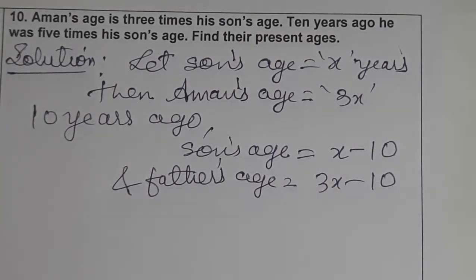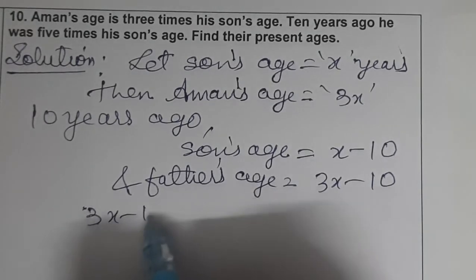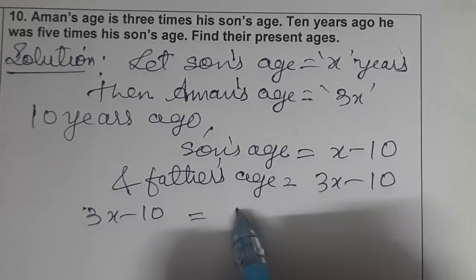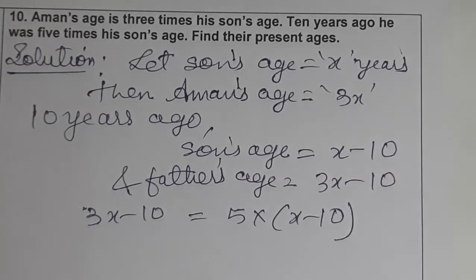Now, 10 years ago, he was 5 times his son's age. So, at that time, father was 5 times son's age at that time.